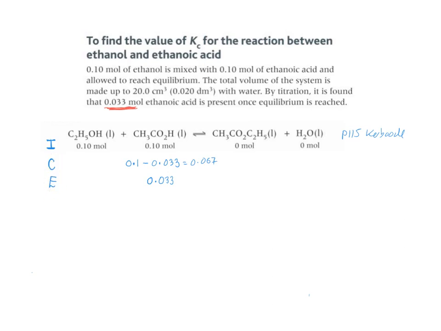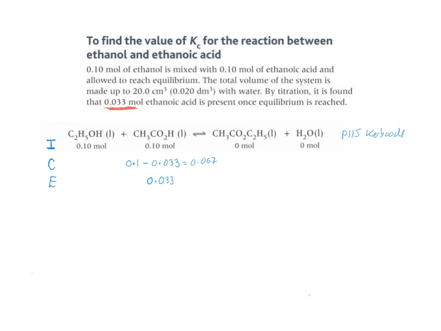So it follows, we are told that we have got at equilibrium 0.033 moles of the ethanoic acid. So if we started with 0.1, the change is 0.1 take away 0.033, which means 0.067 moles have reacted.